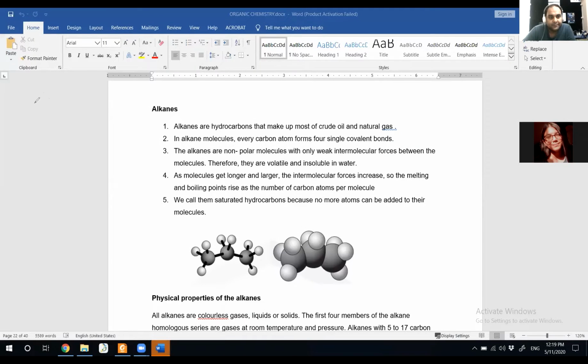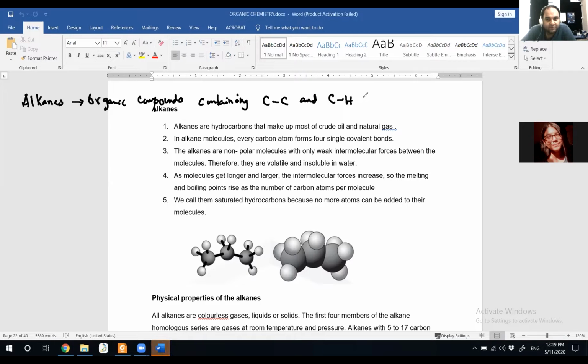So first of all, what are alkanes? Alkanes are organic compounds containing carbon-carbon single bonds and carbon-hydrogen bonds.